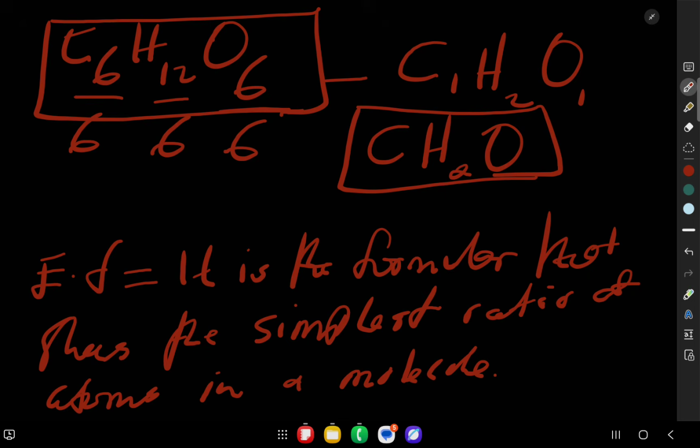Now, what matters in chemistry, or in your tests, or in your exams, is how do you determine this formula? How can you get the empirical formula? This is what I'm going to show you, and these questions come in most of the papers. I've never seen mole concept questions without asking about empirical formula and molecular formula. So now, let's start.